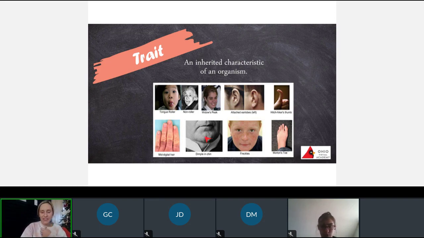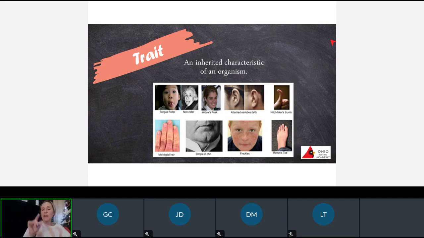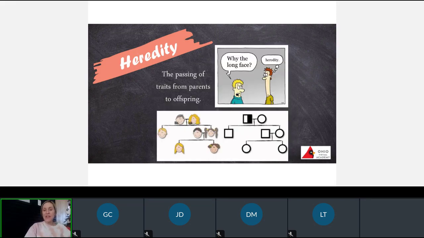That's a genetic trait. All right, so traits are inherited characteristics of living things. And some people are more prone to develop freckles. Yep, dimples and no dimples, that's a trait. All right, next card.